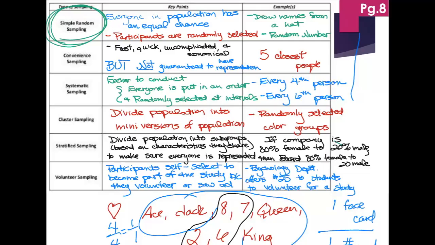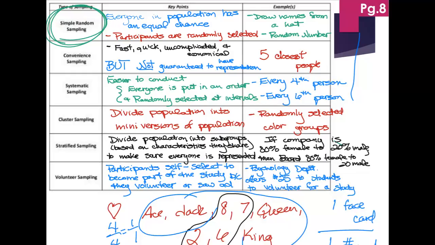Convenient sampling, just because people get in here. If I had people who came into my room first and I was like, oh, I need you, you, you, and you. That means all early people are going to get put in that sample. That's not random. Systematic, you know, choosing every one after they're in an order, that's not random.